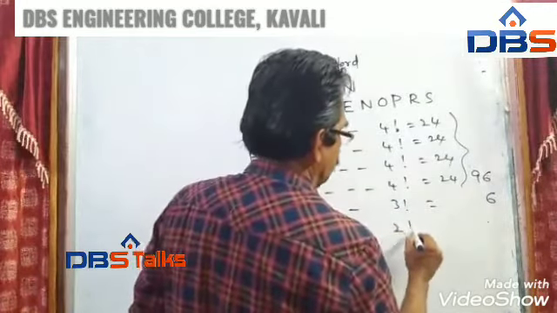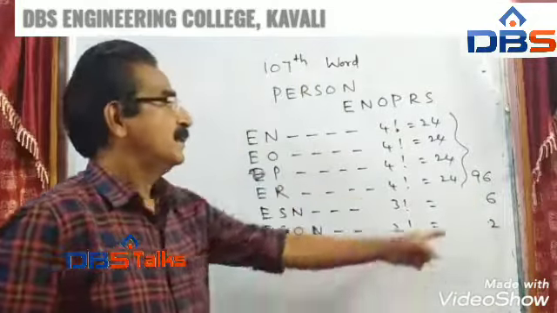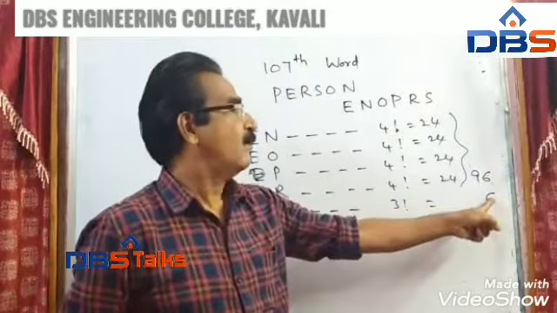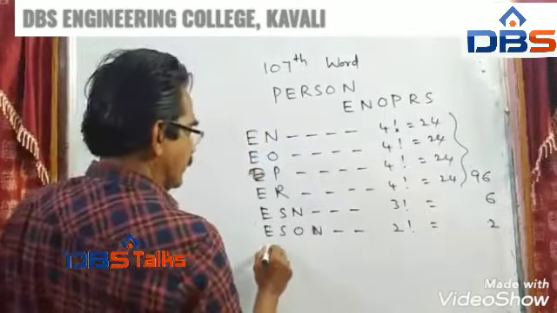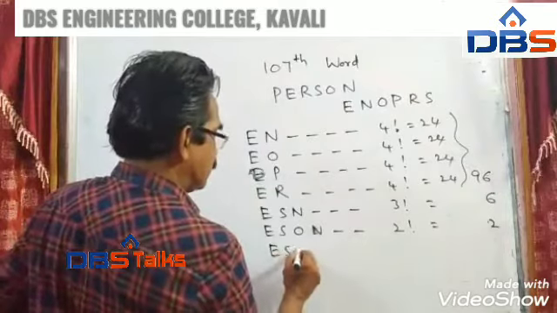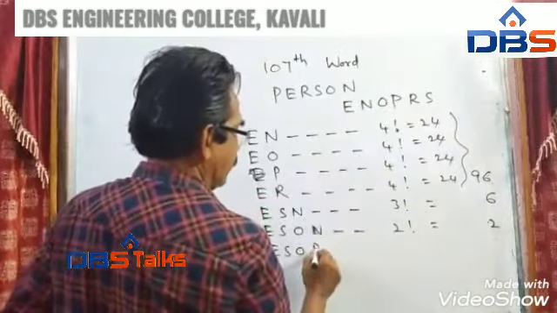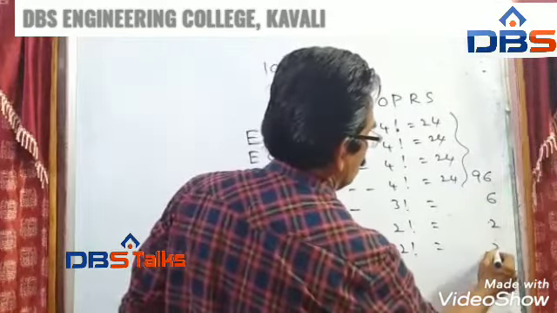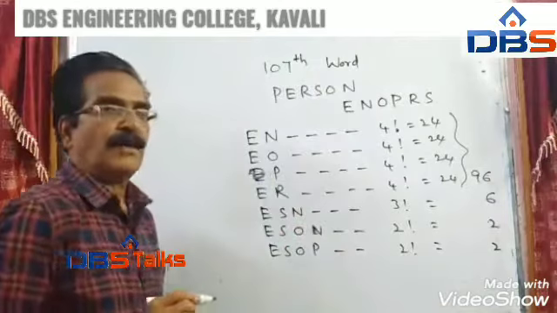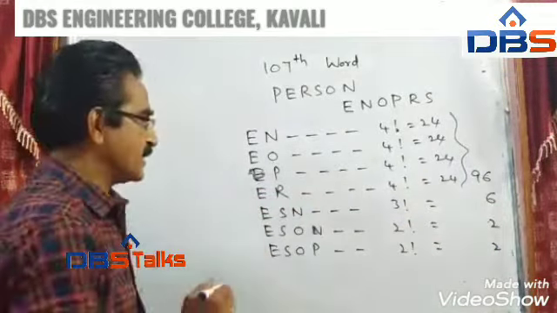So how many arrangements do we get? 2 factorial, 2. 96 plus 6, 102, plus 2, 104. ESO, after N, what is the next bigger letter? P. So again you will have 2 factorial, that is equal to 2. Here it becomes 106.